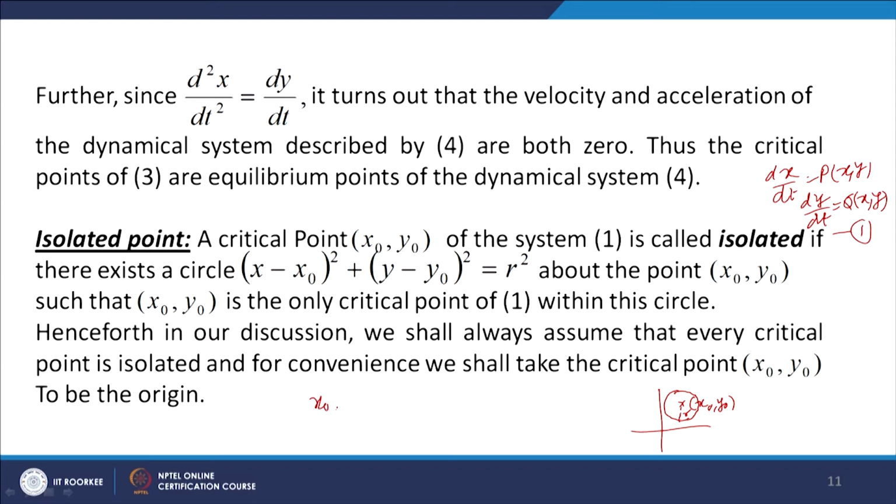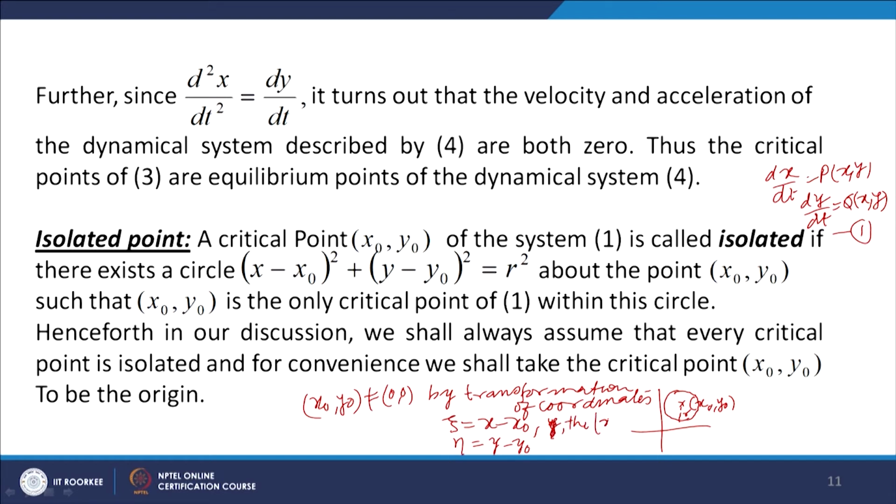Suppose (x0, y0) is not the origin, then by transformation of coordinates xi equal to x minus x0 and eta equal to y minus y0, the point (x0, y0) is transformed into 0 0 in the xi eta plane.